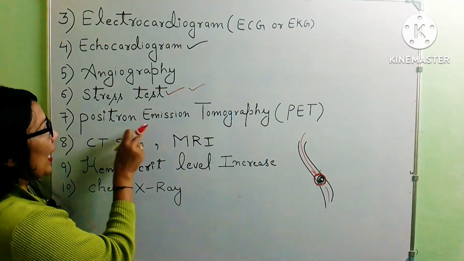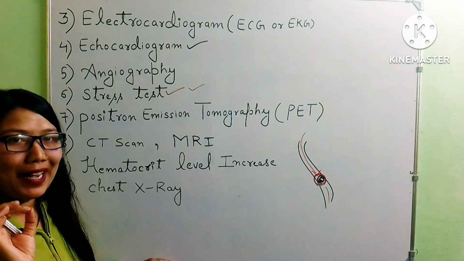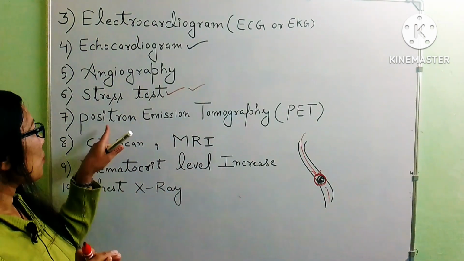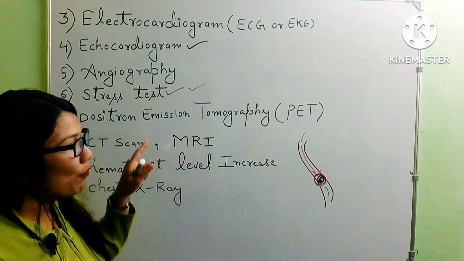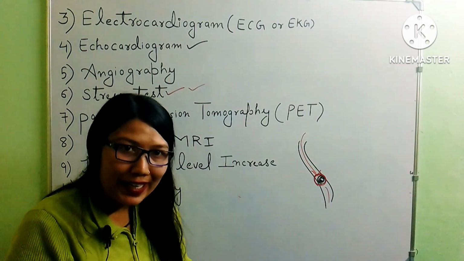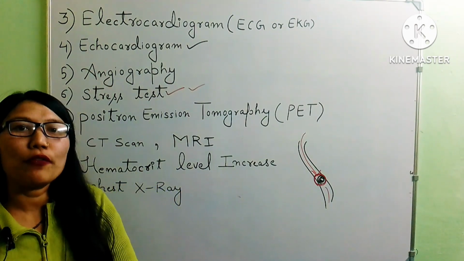Next is positron emission tomography, which is PET scan. It is a procedure in which we see the metabolic and biochemical function of the cell.